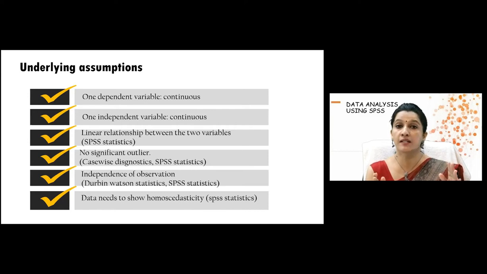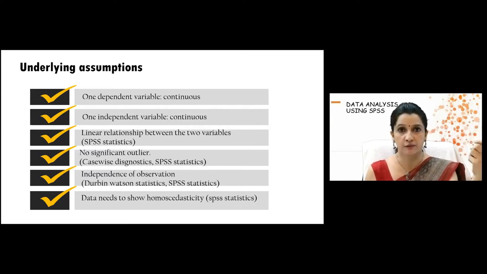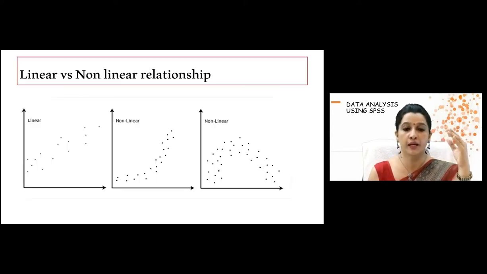This homoscedasticity is very much similar to that concept of variance. Remember that we did that in one-way ANOVA, where we used the Levene statistic for seeing this variance. So this homoscedasticity is very much similar to that variance. Now, I will explain you one by one.